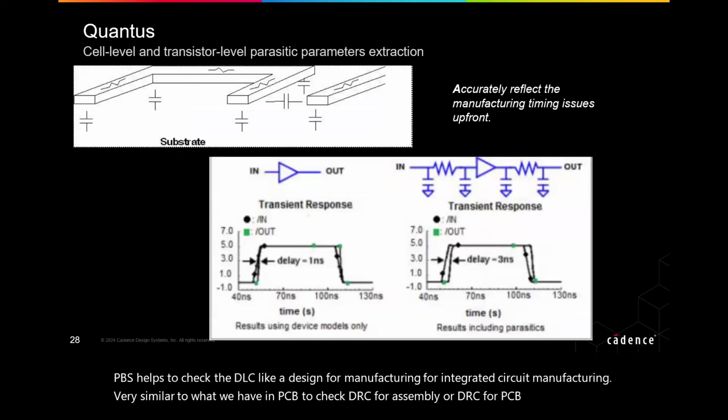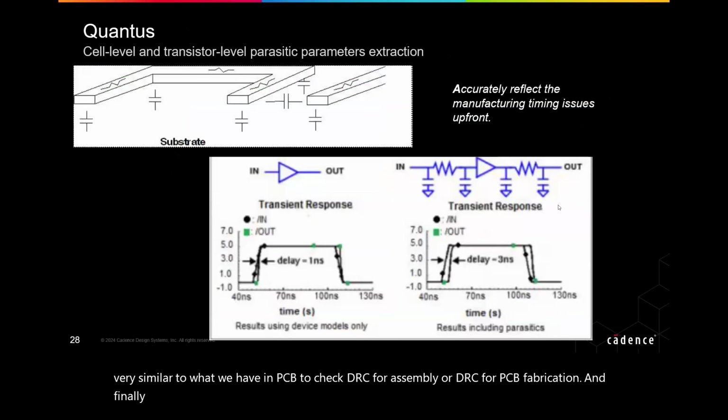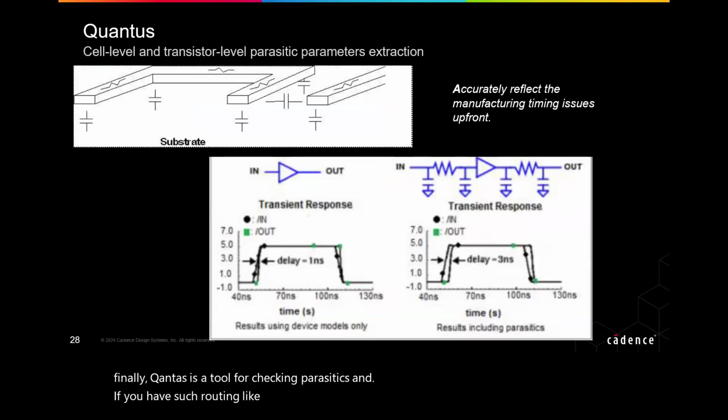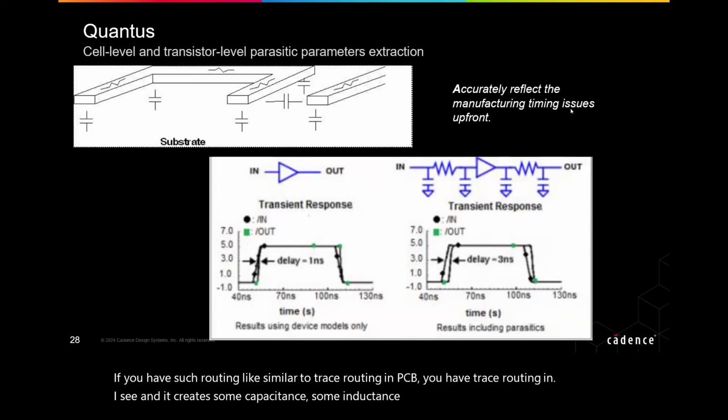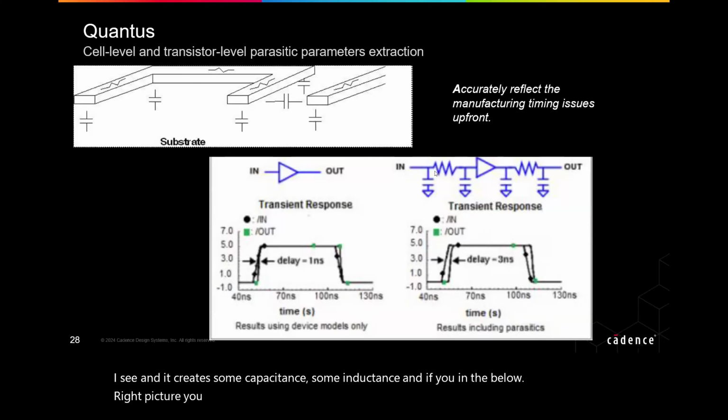And finally, Quantus, it's a tool for checking parasitics. If you have such routing, similar to trace routing in PCB, you have trace routing in IC, and it creates some capacitance, some inductance. As in the below right picture, you can include these parasitics, like inductance, capacitance, resistance, in your schematic.